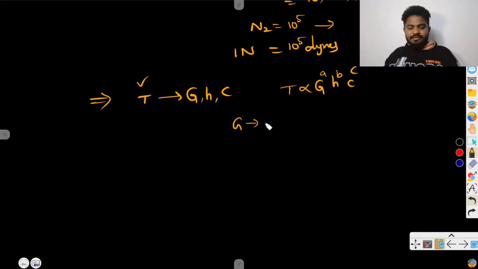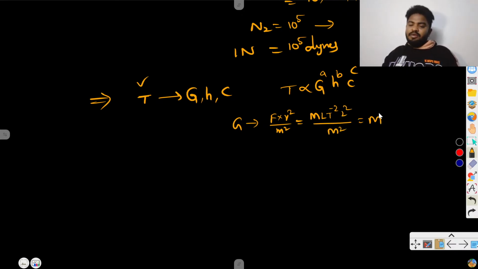The G dimension formula is nothing but F into r square by m square. From F = G m1 m2 by r square, by using this, M L T power minus 2, r square in the sense L square, and m square. So I can write M to the power minus 1 L cube T to the power minus 2.